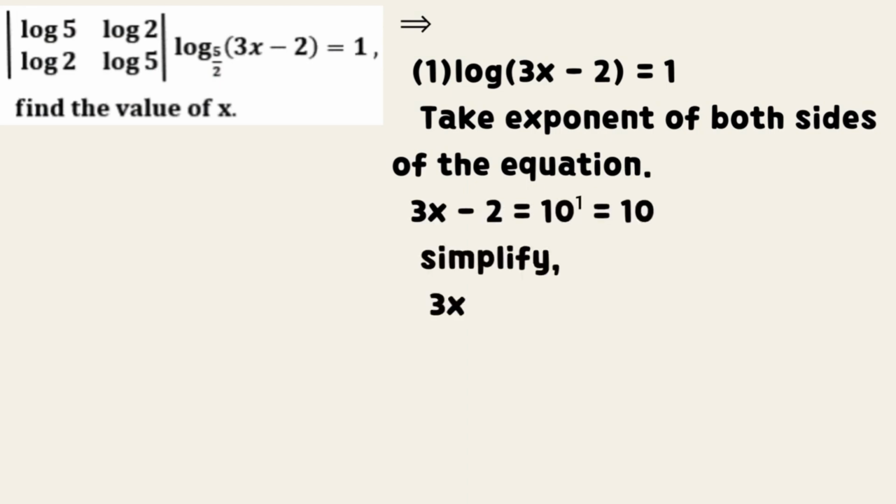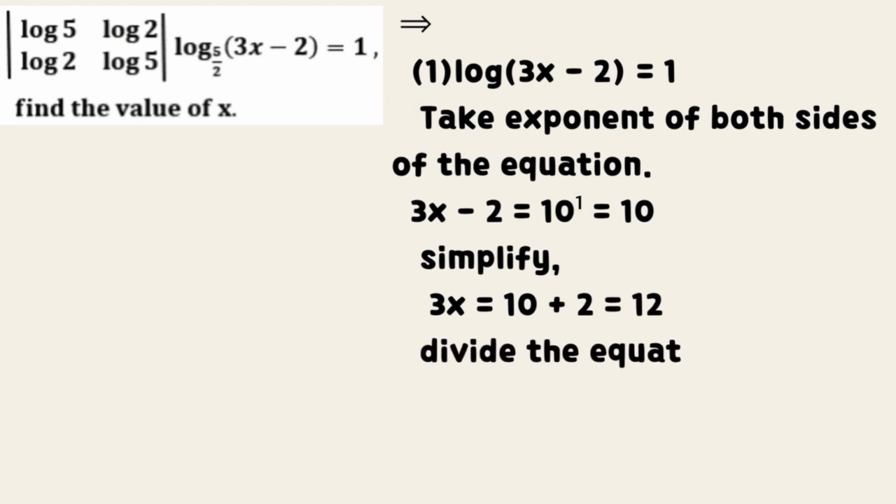Take exponent of both sides of the equation. We have that 3 times x minus 2 equals 10. Simplify by solving for x. We have that 3 times x equals 12.